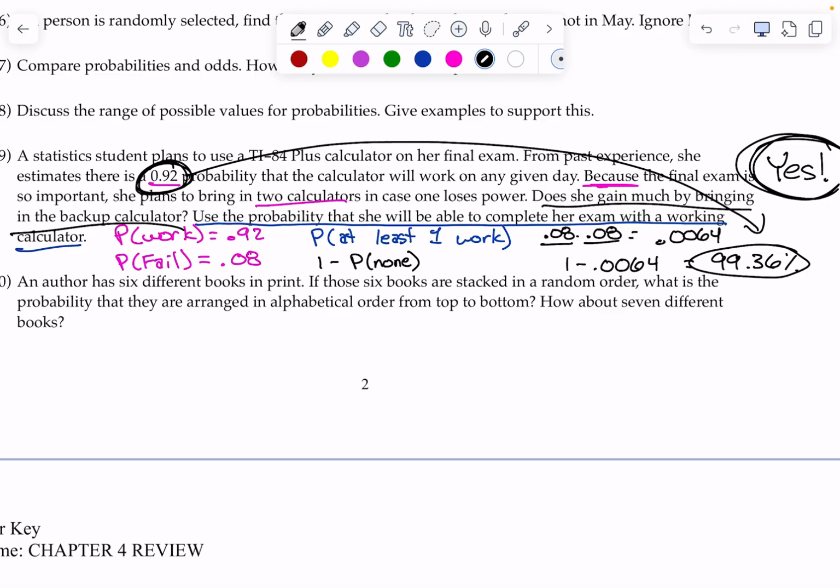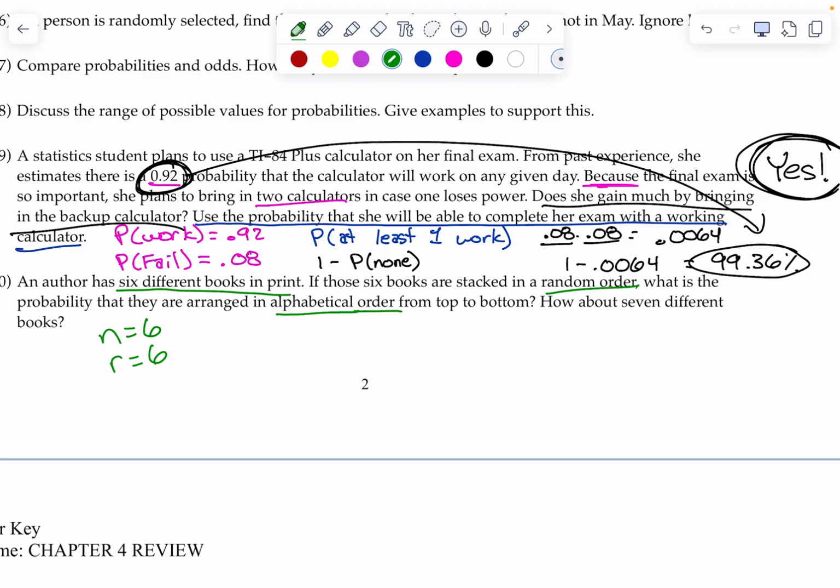An author has 6 different books in print. 6 sounds like a total number, and usually we use the letter N. If those 6 books are stacked in a random order, what is the probability that they are arranged in alphabetical order from top to bottom? We are putting all 6 books in order, so my R is the same.